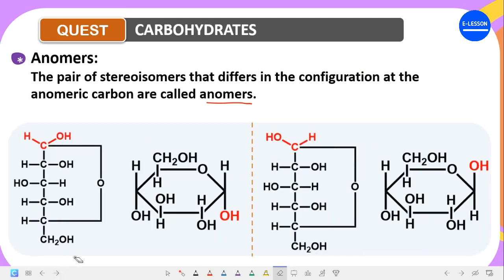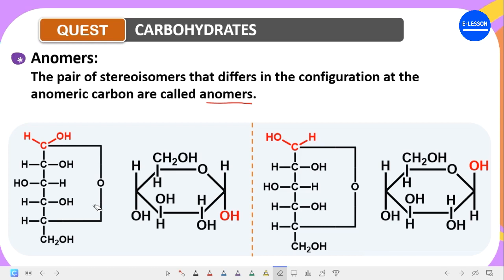Now, listen. The pair of stereoisomers that differ in the configuration at the anomeric carbons are called anomers. So you may be asked, define anomers. You say anomers are pair of stereoisomers that differ in the configuration at the anomeric carbon only. So we can say that anomers are also called epimers because they differ at only one of the carbons.